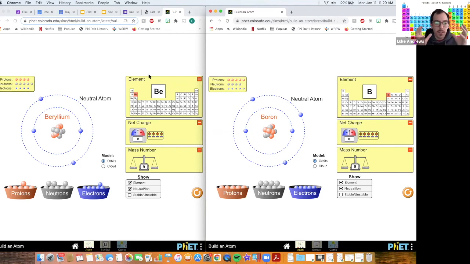The structure remains the same, but the fine differences within it determine what element it is. So I think that's important to think about when we talk about isotopes, the difference between atoms and elements. Atom is the structure. Element is determined by how many protons we have, all right? Important to remember.